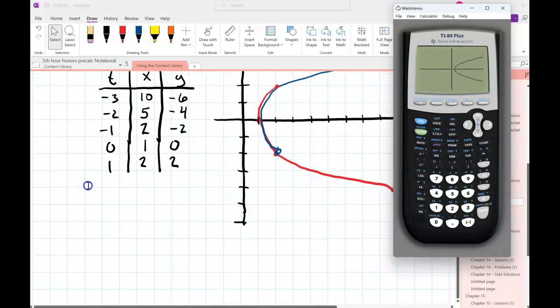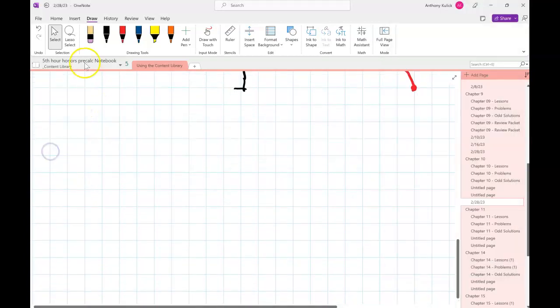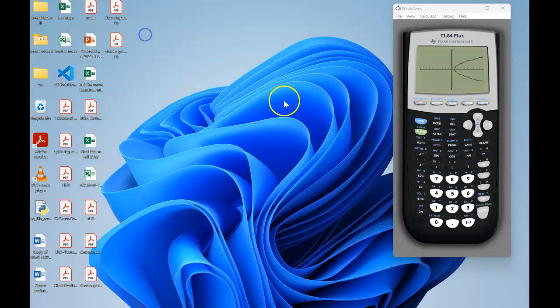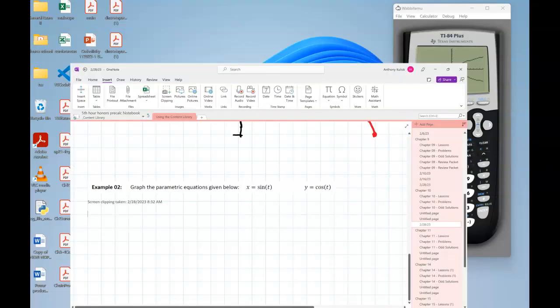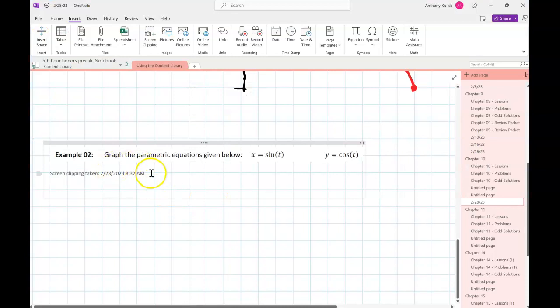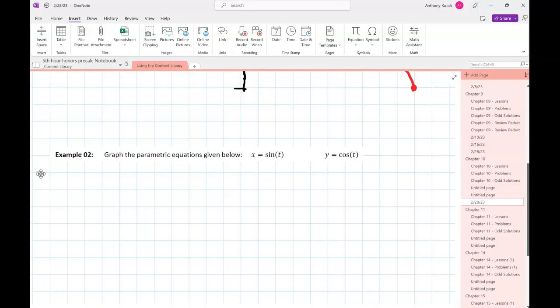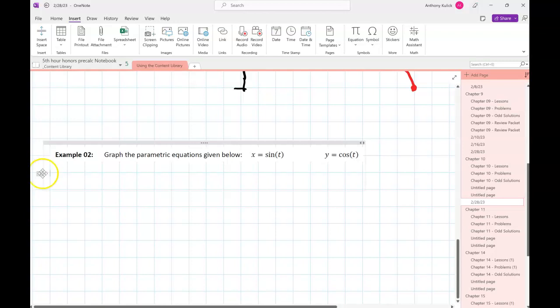Let's do some more examples. So let's say we have the parametric function where x is defined as sine t and y is defined as cosine t.